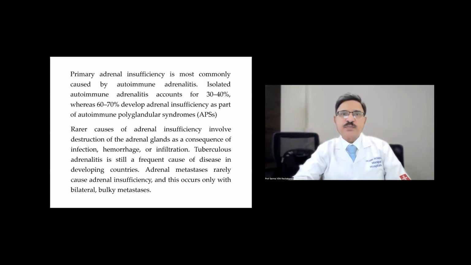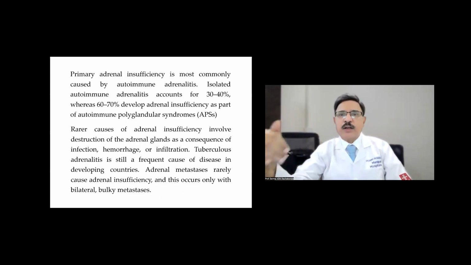Now, primary adrenal insufficiency is most commonly caused by autoimmune adrenalitis. You have seen primary means autoimmune. Isolated autoimmune adrenalitis can occur, or it can be a part of APS, that is autoimmune polyglandular syndrome.